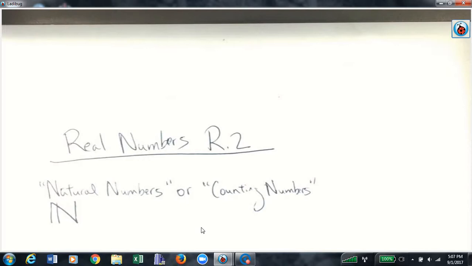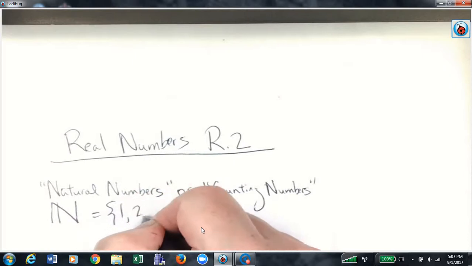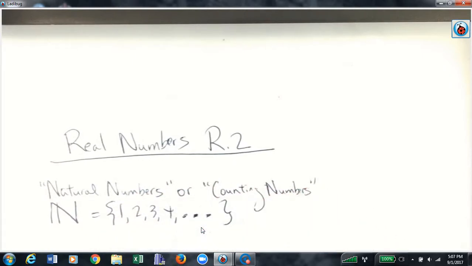And the reason they say counting numbers, think of how would you count? You would start with the number 1. 1, 2, 3, 4, and keep going forever. So that's an infinite set. Okay.